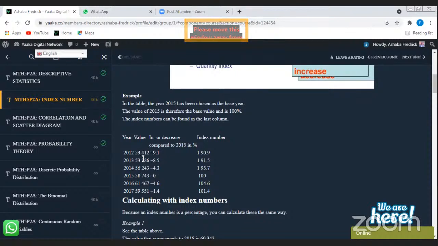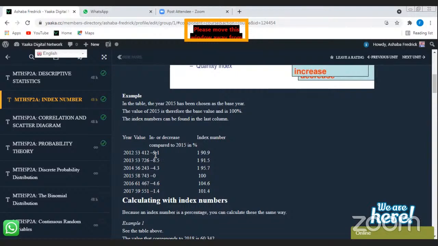And then we have values here, 53, 53, 56. So this is the value. Then we have increase or decrease.